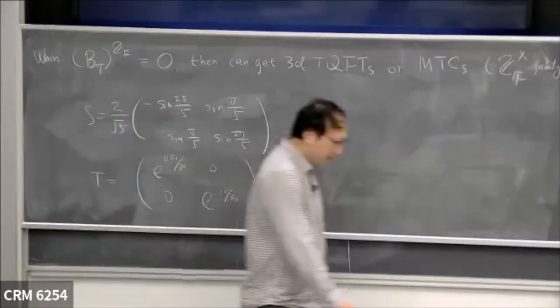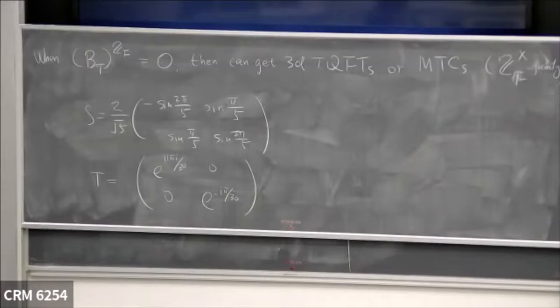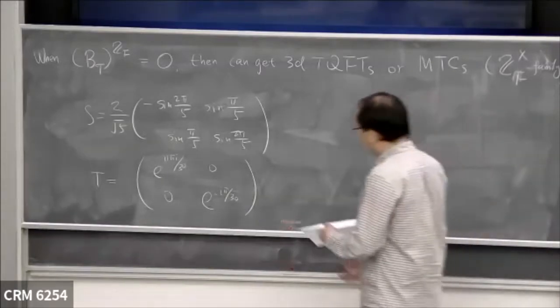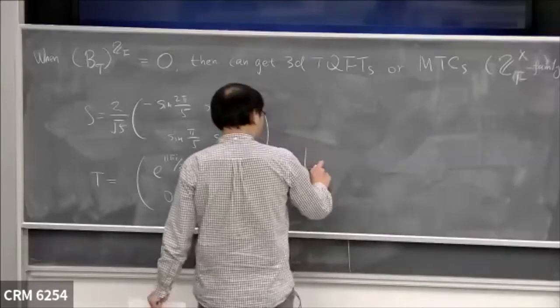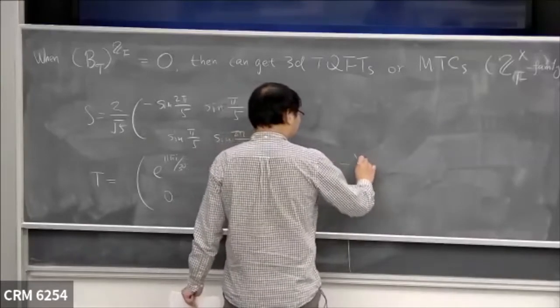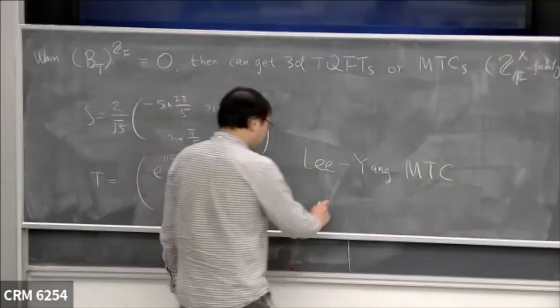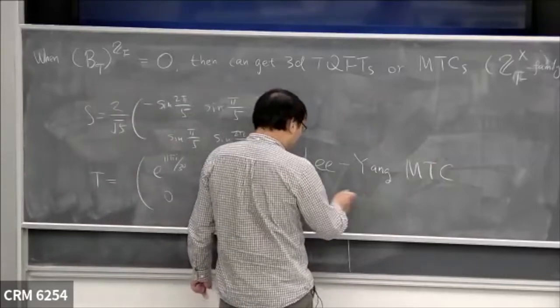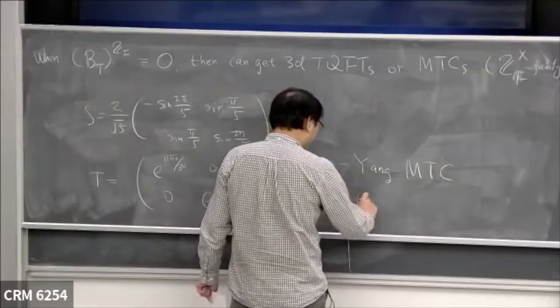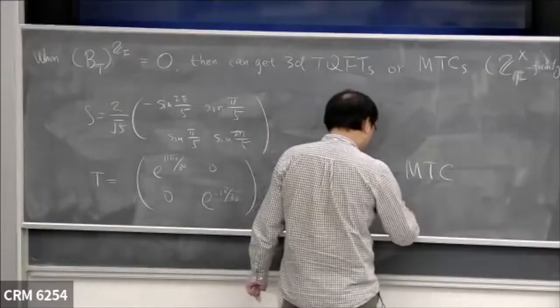So are there any modular tensor categories that correspond to these S and T matrices? The answer is yes, and it's a famous one. It's the Yang-Lee MTC. So it's associated with the Yang-Lee VOA, which is the 2,5 Virasoro minimal model.